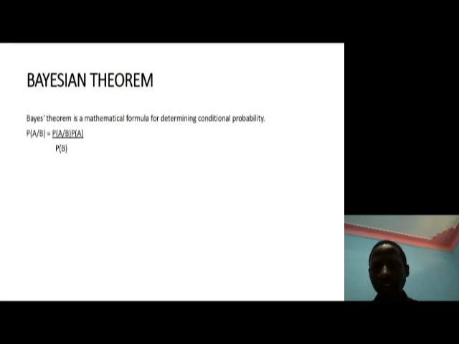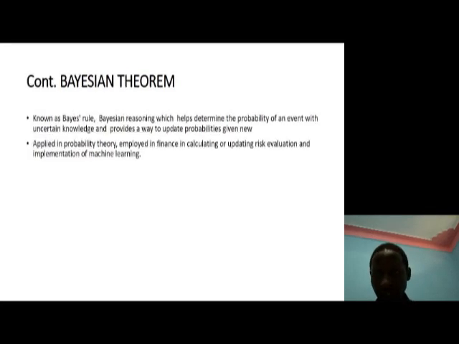That is to say, here we are seeing P(A given B) equals P(B given A) times P(A) over P(B). So that is P representing the probability.